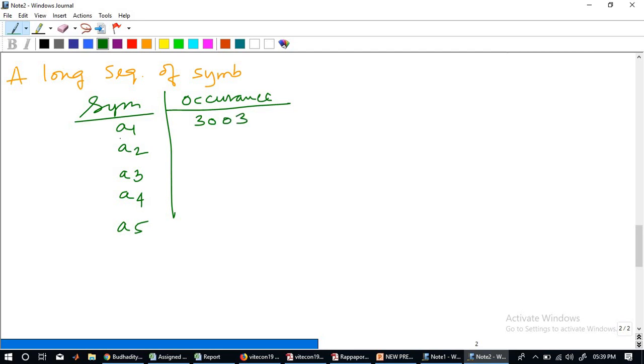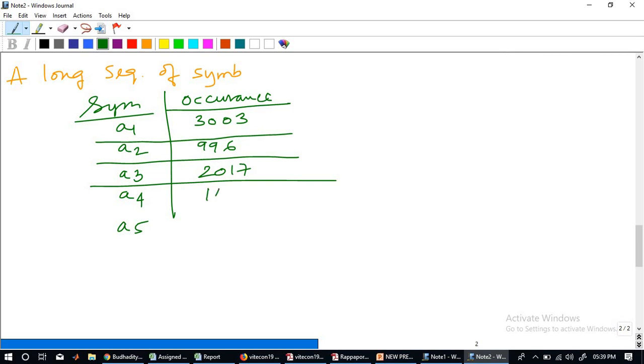Occurrences are 3003, 996, 2017, 1487, 2497. So a given source is generating symbols where the symbols are occurring with this particular rate of occurrence.